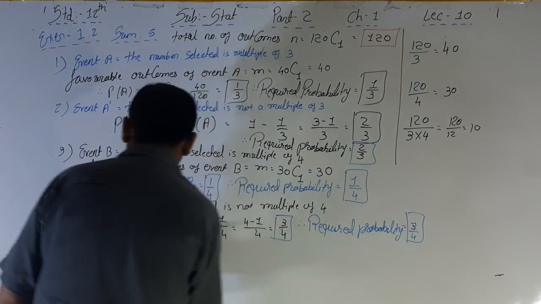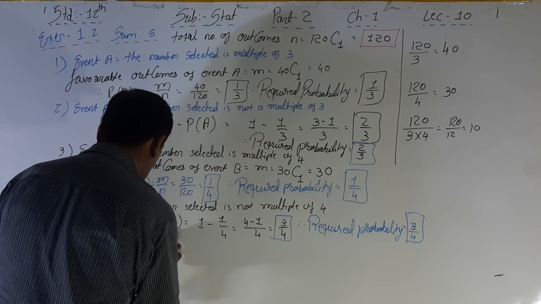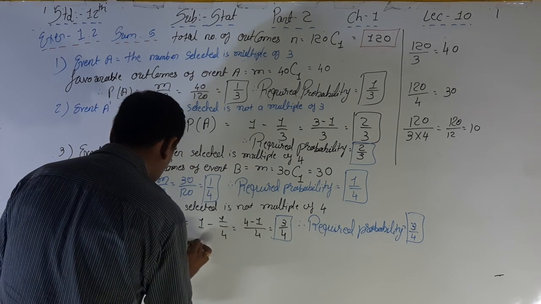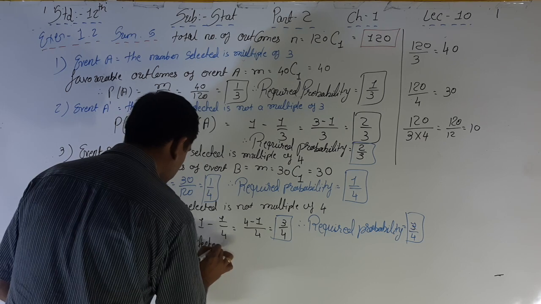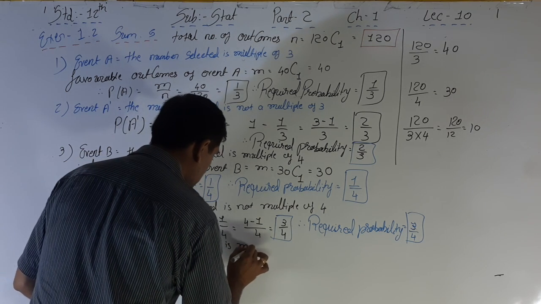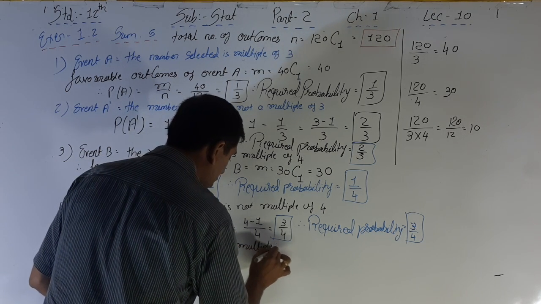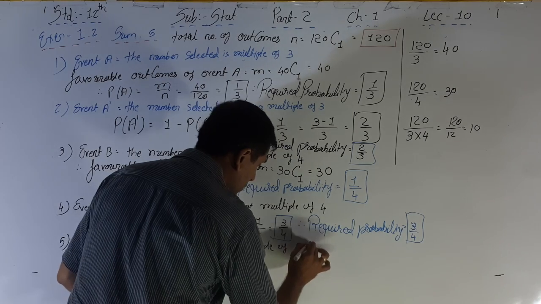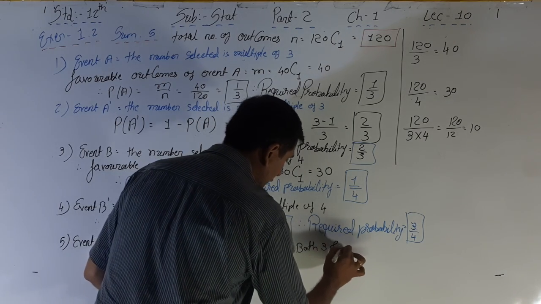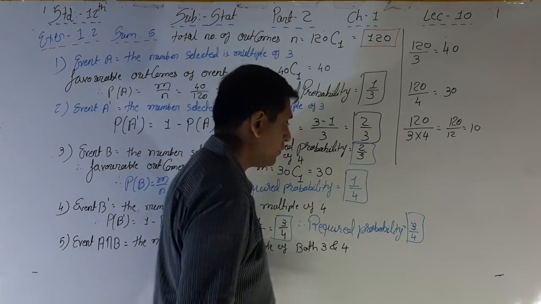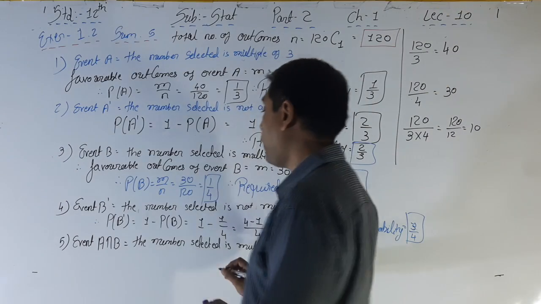Okay, so here I am writing that the number selected is a multiple of both 3 and 4, right? And therefore the favorable outcomes.